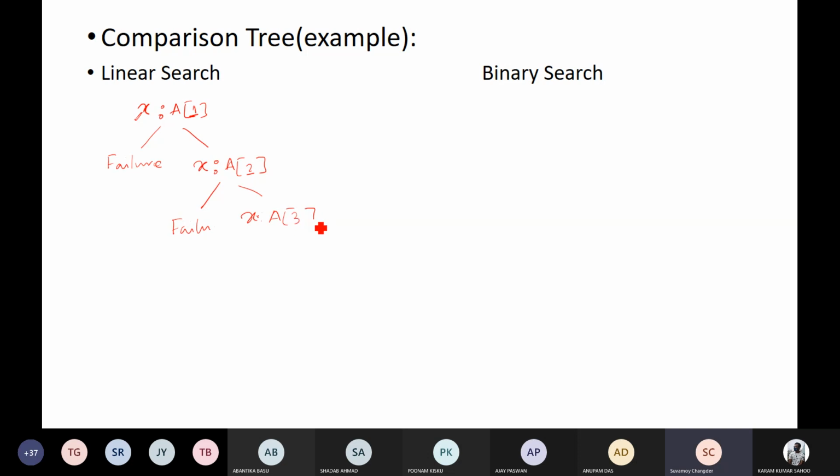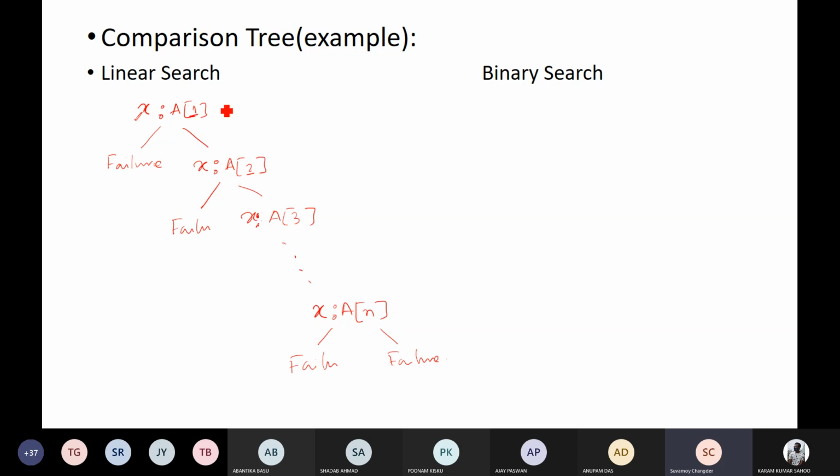These are the internal nodes represented in linear search, and if we go on this way, X is compared with An, and this is a failure and this is also a failure. Now think about that.